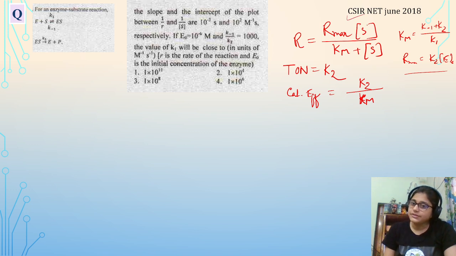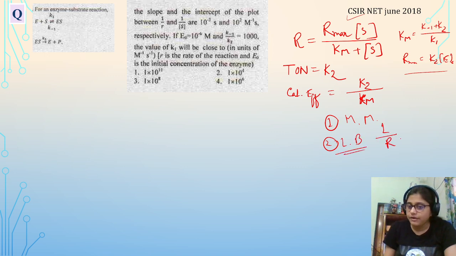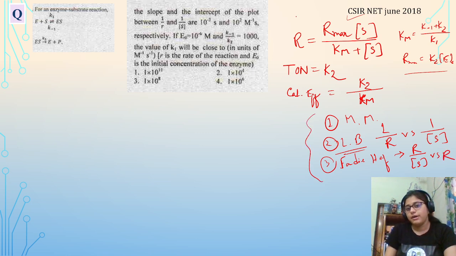The second one was the Lineweaver-Burk plot, 1 by R versus 1 by S. And the third one is the Eadie-Hofstee plot, where R by S versus R is plotted. These things you have to remember from this topic so that you can answer everything.